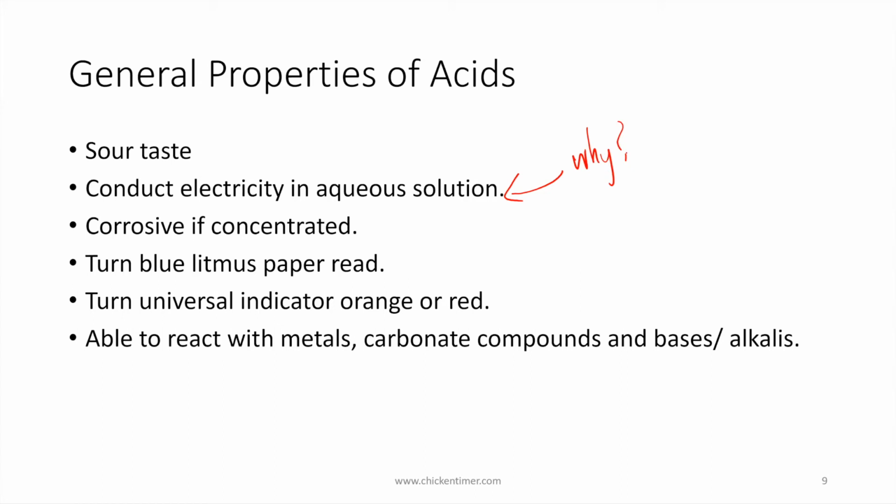They are corrosive when concentrated, and they turn blue litmus paper red. And then they change universal indicator to orange or red. Then they are able to react with metals, carbonate compounds, and bases or alkalis.